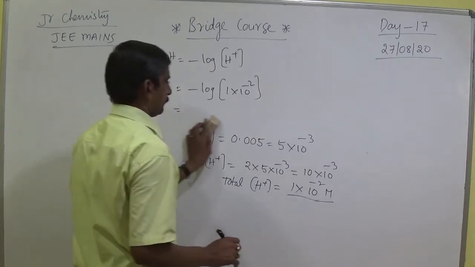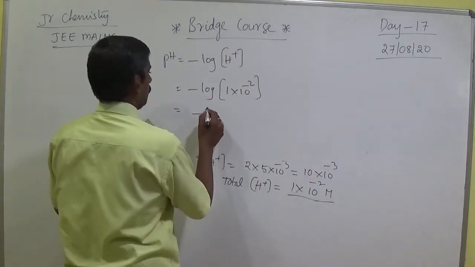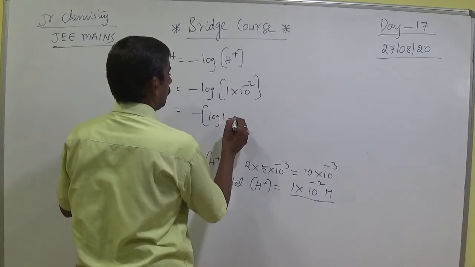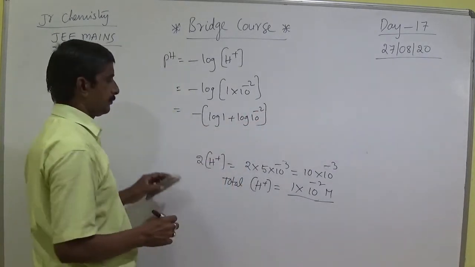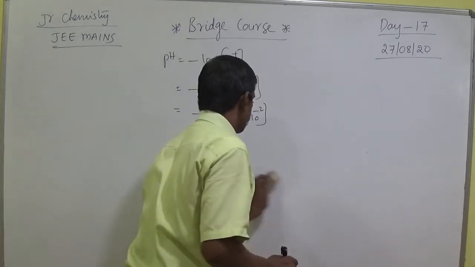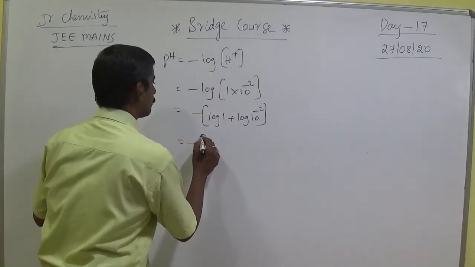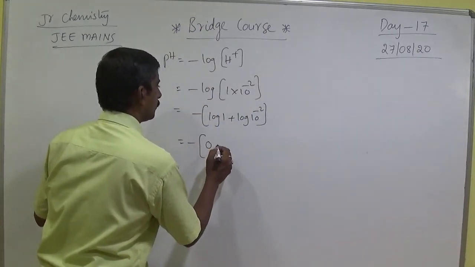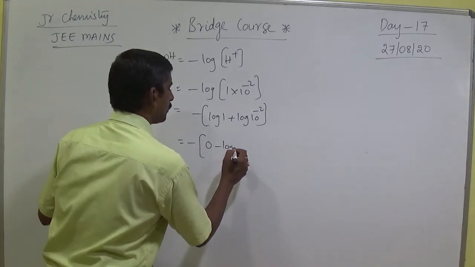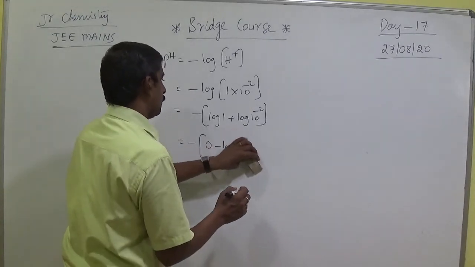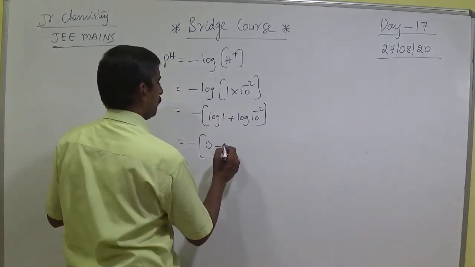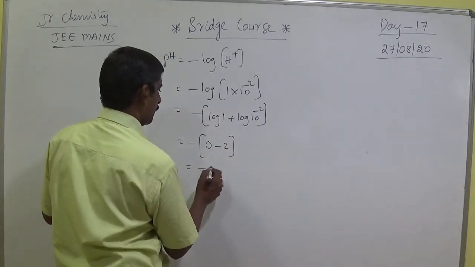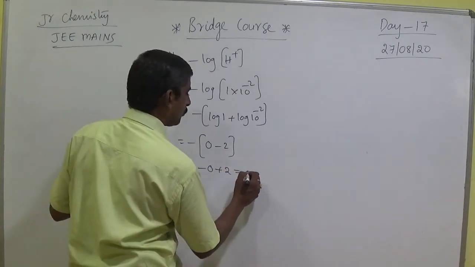Next, log 1 plus log 10 to the power minus 2. Here base 10 will come. Finally, log 1 value is 0, so 0 minus log 10 to the power minus 2. Log 1 value is 0. Next, minus 2. So minus 0 plus 2. So final value how much? Plus 2.